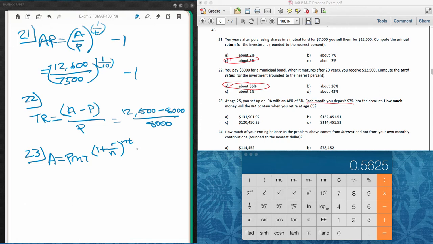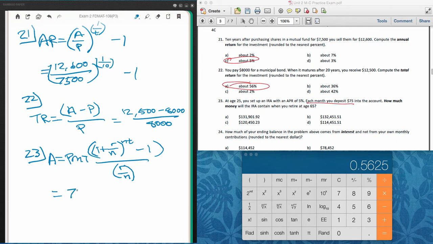So my t is just representing the year, and we're going to subtract 1. That whole thing will then be divided by the rate divided by the number of compounds. So this calculation right here, this formula, will actually give me the amount I have if I put $75 payments in over that period of time. So since we're not starting with a principal amount, I don't have to worry about that in this equation.